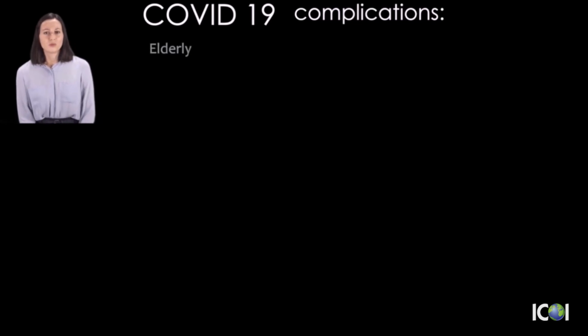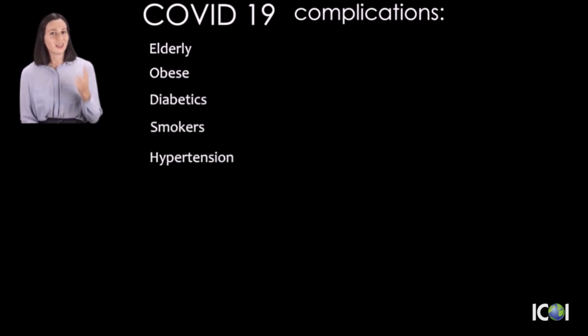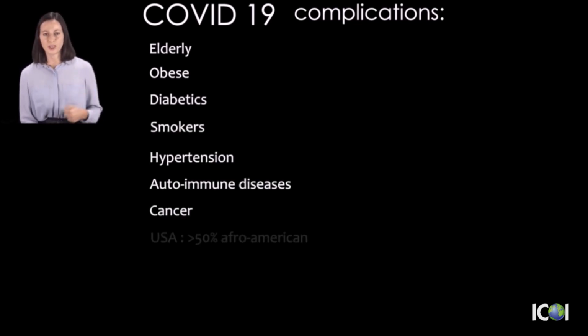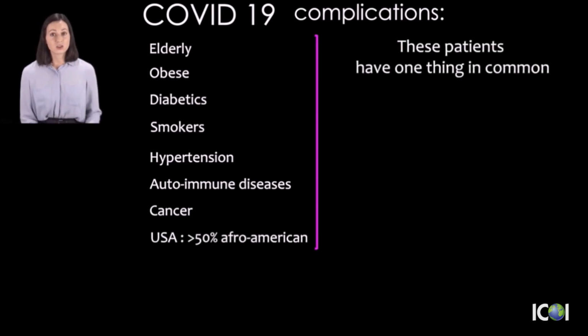And my friend, in this particular time and pandemic situation, let's talk a bit also about the COVID-19. Which patients are making the most complications? The elderly, the obese patient, the diabetics, smokers, patients with hypertension, autoimmune disease, cancer, and skin color. In the USA, more than half of patients with complications are African American.